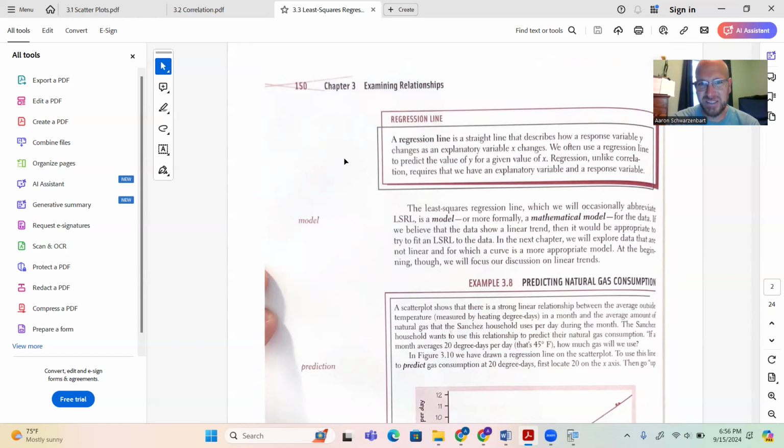We often use a regression line to predict the value of y given a value of x. Regression, unlike correlation, requires an explanatory and response variable. Okay, we will be talking about the least squares regression line. It's the one that's used by far the most in anything. It is known as a mathematical model. Least squares regression line will often be abbreviated LSRL.